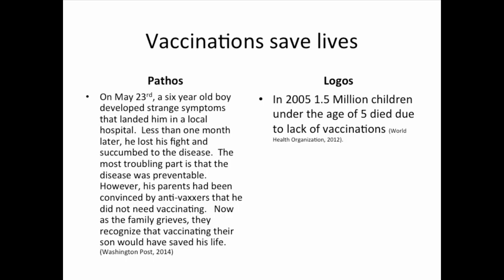Okay. Nelson. I just think, I always talk about these as a matter of emphasis rather than as purely distinct. So when your students say the 1.5 million children under the age of 5 die is emotional, yes, it is. There is an element of pathos there, and there is an element of ethos there. You know enough to cite a statistic. However, the emphasis is that you're making it as part of a logical argument.